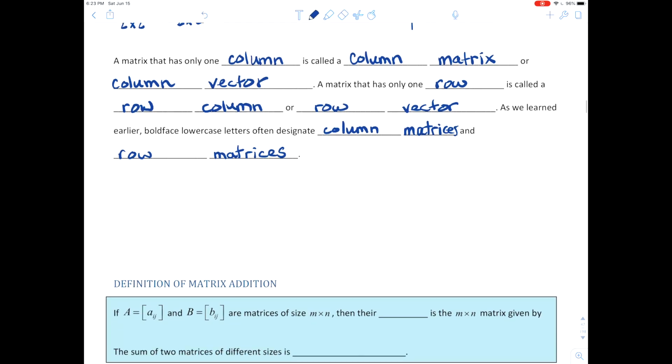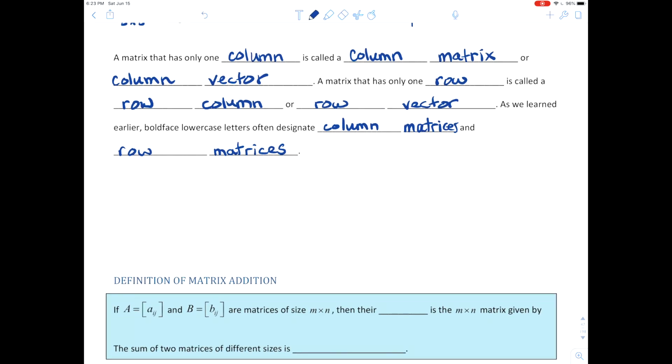Okay, so let's take a look at the next idea that we'll be using, notation that you see a lot. Suppose we have a column matrix A1, and let's say that is A11, A21 when we write it as a rectangular array.